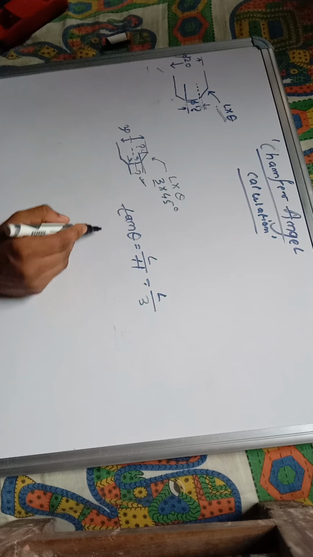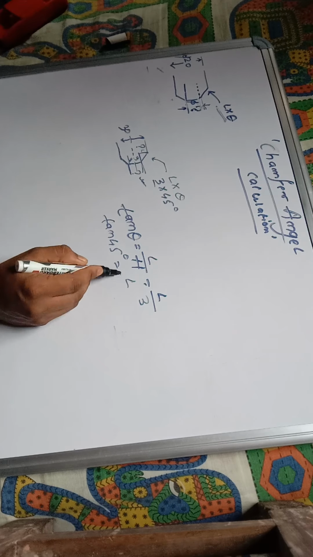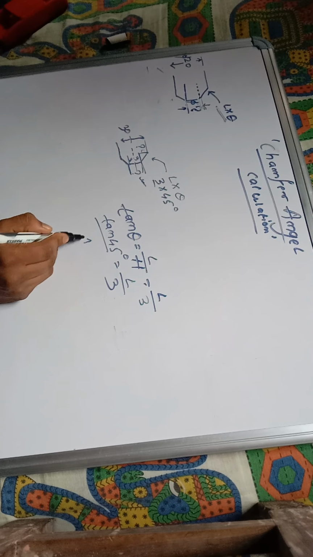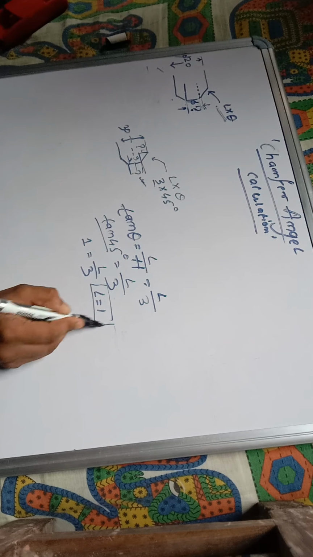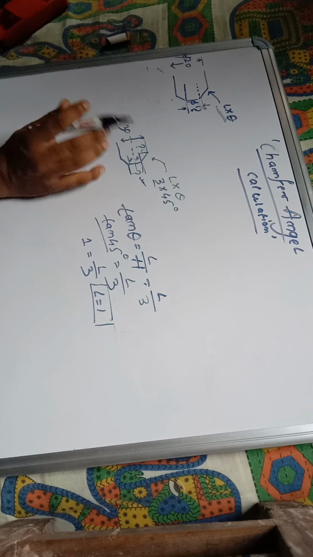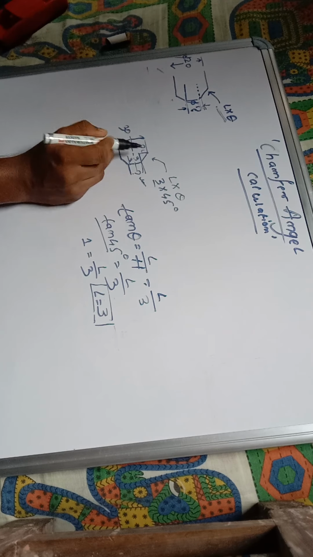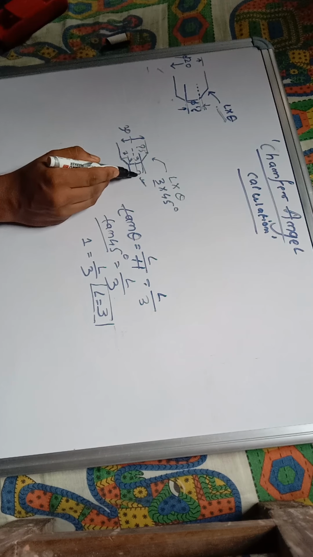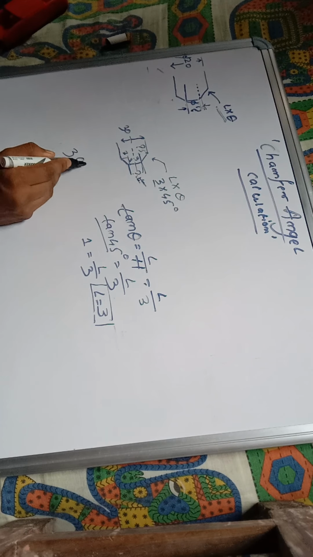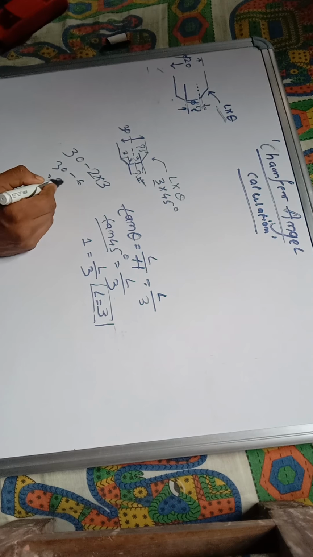Now the theta value is 45 degree, so tan 45 degree equals L by 3. We know tan 45 degree value is 1, so L equals 3. Then this is 3 and that is also 3. So the value of this OD will be 30 minus 2 into 3, 30 minus 6, that is 24. This is the process.